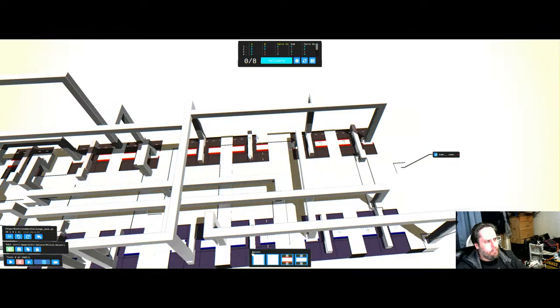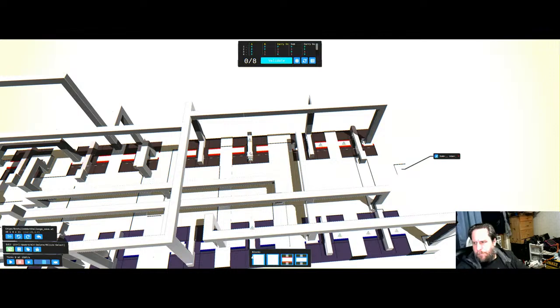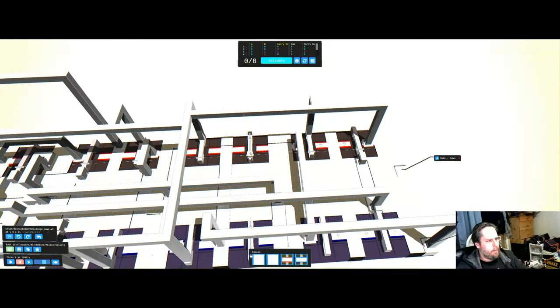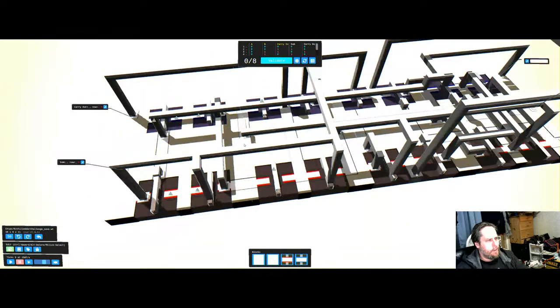So my rail is coming from, those rails are tied together, which is tied to the inverter. Okay. So this should hopefully be easy.